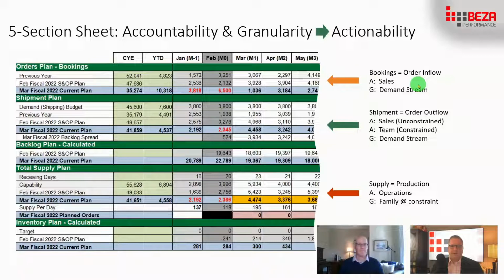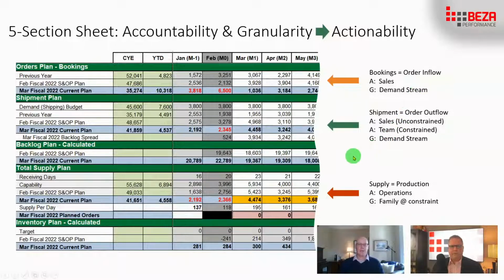But if there's a problem and we don't hit shipments, then typically it's one of those two folks or both, right? That's the idea. And then the executive would be accountable for holding them accountable and figuring out where the miss was, what we can do to avoid it in the future, and how we can fix the current miss if that's possible.